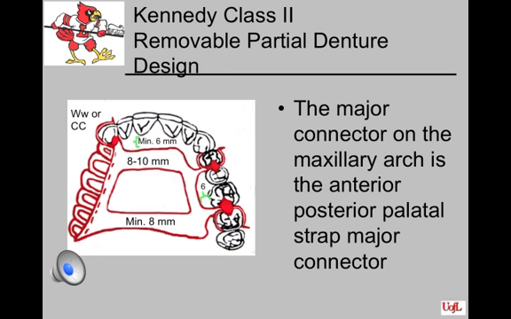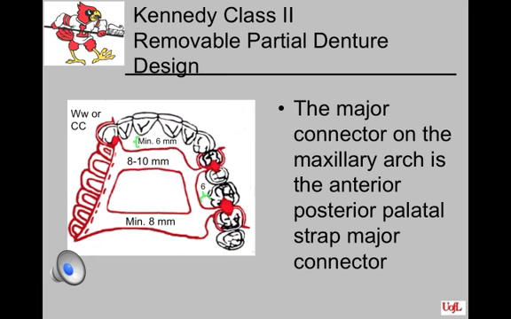millimeters in width. The clasps on the tooth-supported side of this design are cast circumferential clasps. The clasp on the extension base side of the maxillary could be either a wrought wire or a cast circumferential. I chose the cast C because the canine is restorative free, it's in good condition periodontally, and it has a very long root.